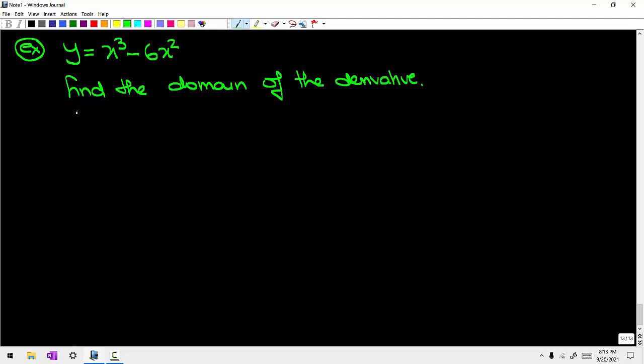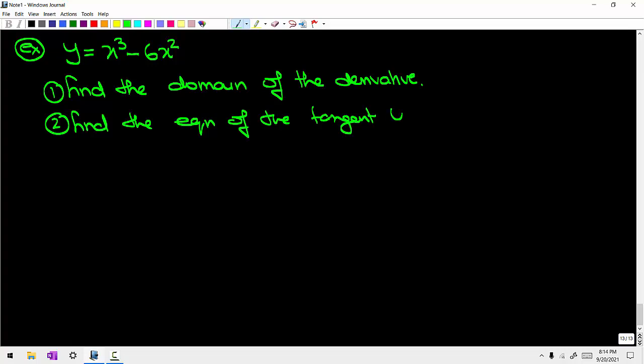Okay. That's one thing. Two, they want us to find the equation of the tangent line at x is equal to minus 1. Is that okay? So those are the things they've asked us to find.